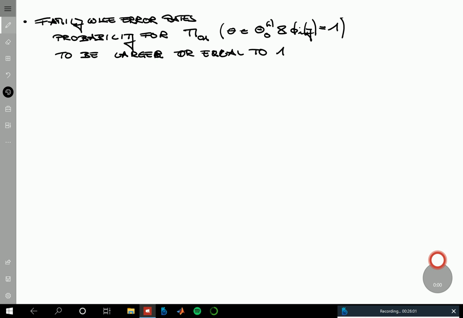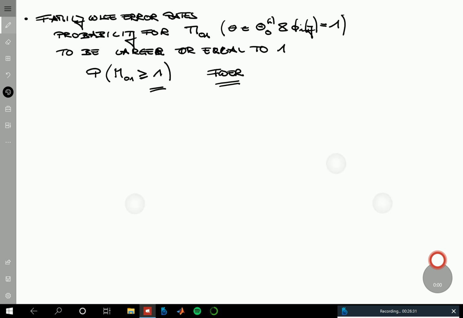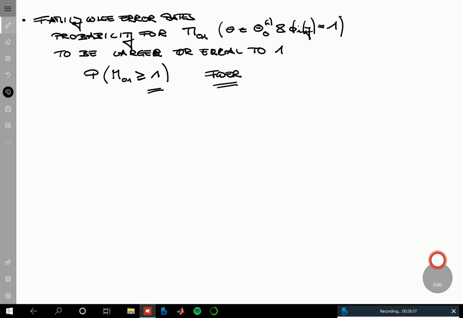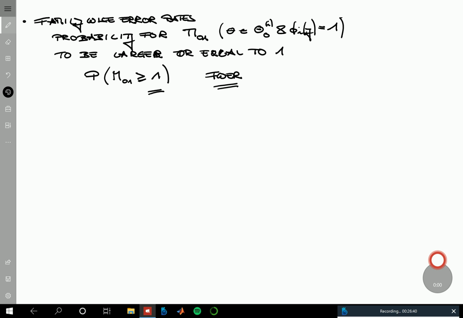So in probabilistic terms, the probability of the event M01 larger or equal to 1, and not 0, because that would include the idea that M01 is 0, and that's not an error. That would be correct. We will go deeper into the family-wise error rate later on, so don't worry too much about it now. Just accept that this is the definition of the family-wise error rate.